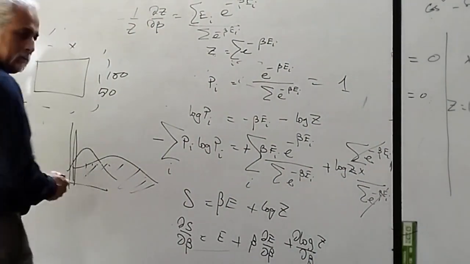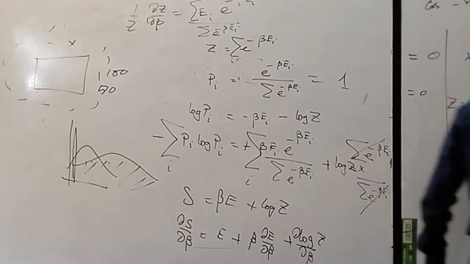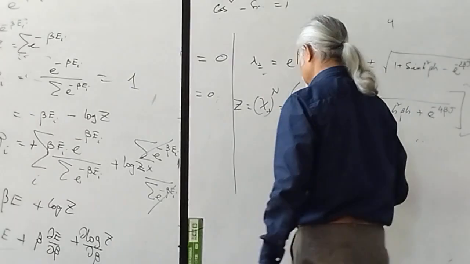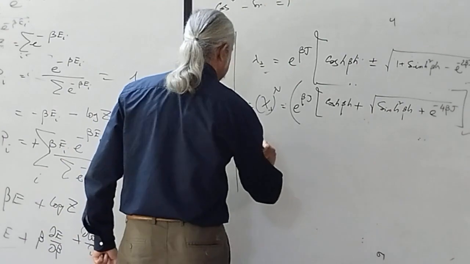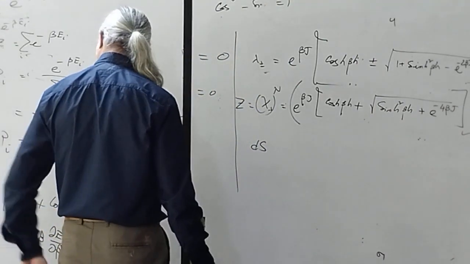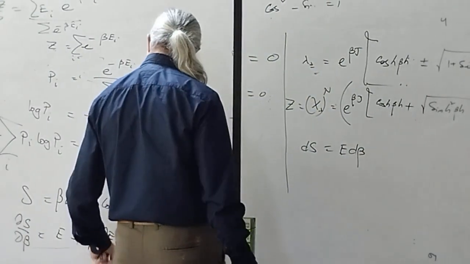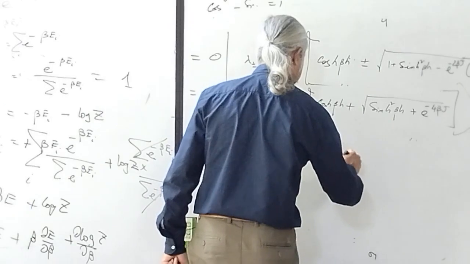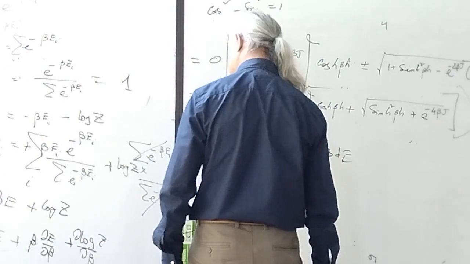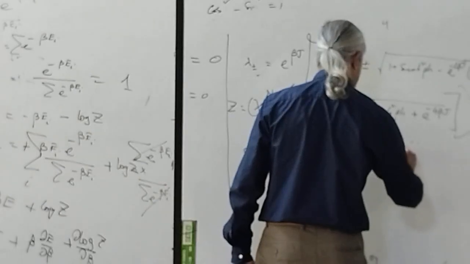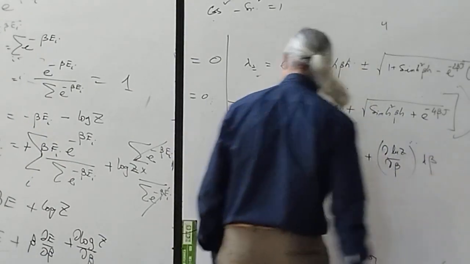From here I can write dS equals E d beta plus beta dE plus del log Z by del beta d beta. Can I write that?